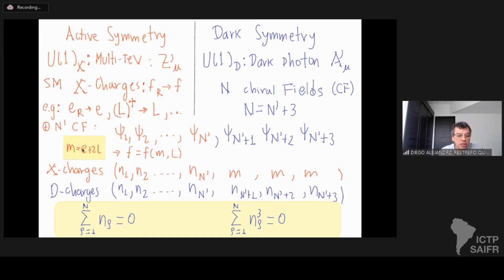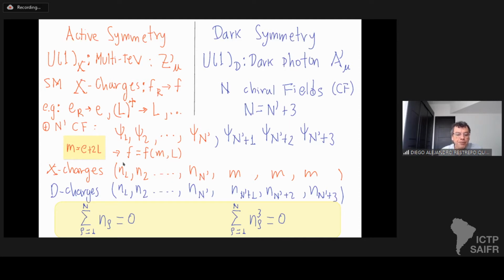So in terms of the solution for the active symmetry, we can write the X charges as the charges of the n prime chiral fields plus 3 equal numbers. Without loss of generality, it is always possible to choose all these numbers to be integers. So I will use that convention.